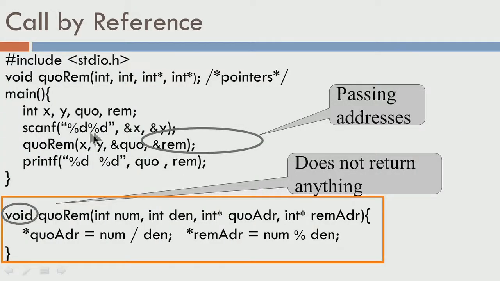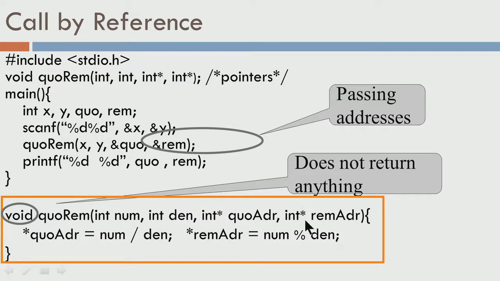Here we are going to pass what is called passing by reference. We have this function called QUO-REM, that stands for quotient and remainder. It takes two parameters, numerator and denominator. It takes two more parameters, quotient address and remainder address, and they are not integers, they are pointers to integers.